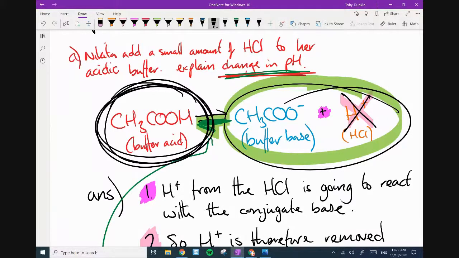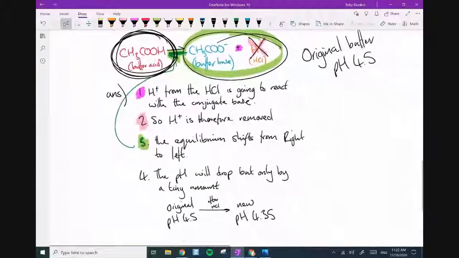We're also removing the conjugate base, but it has very little impact. We are still creating an acid which is going through dissociation, but of course at a 10 to the minus 5 scale. So it does drop because we're creating more weak acid, which will go through more dissociation because it's a higher concentration.